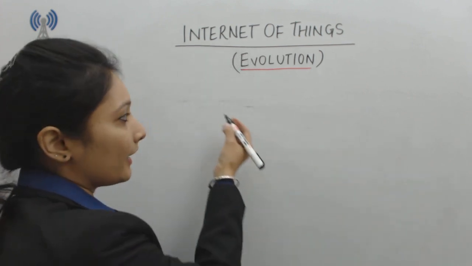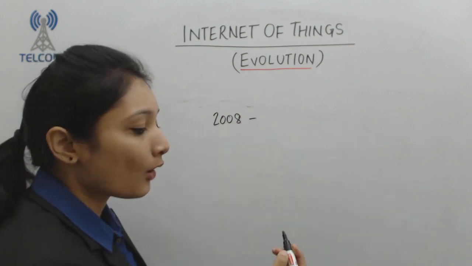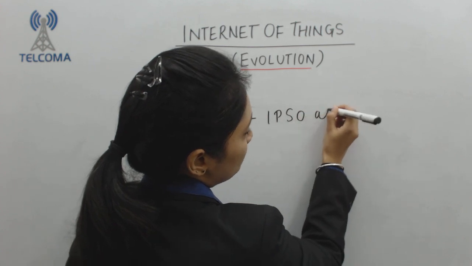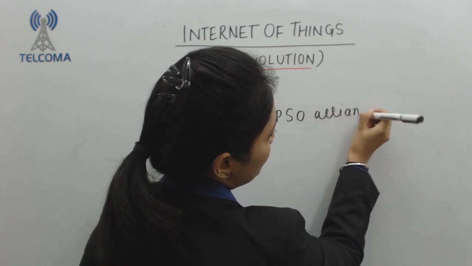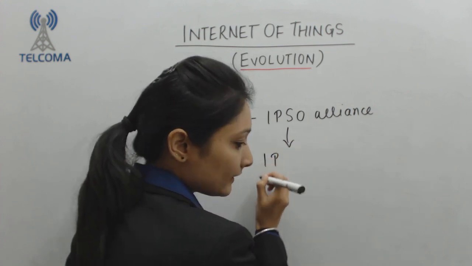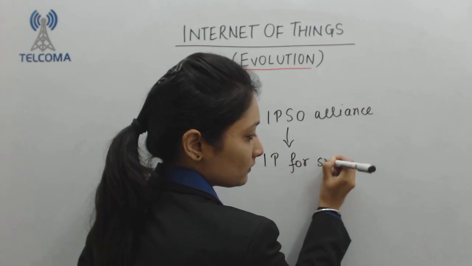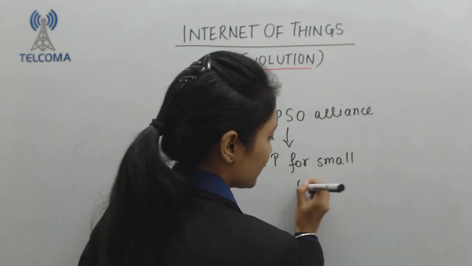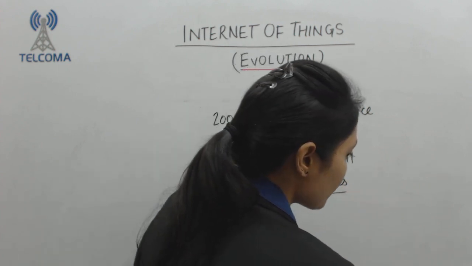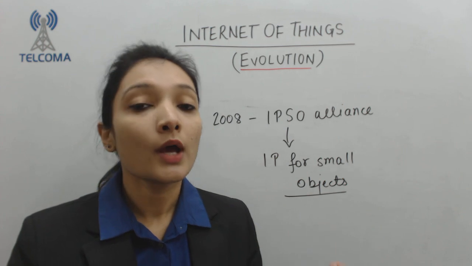After that, in 2008, came the formation of the IPSO Alliance. IPSO stands for Internet Protocol for Small Objects. So now if you talk about the Internet of Things, every small device is supposed to be connected to the internet.